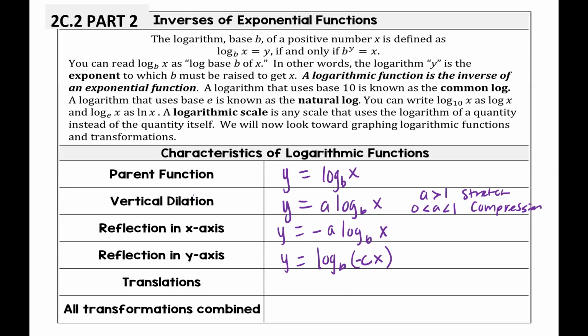Your translations stay the same. That's your h and your k, right? So we have y equals log base b of x minus h plus k. For a log function, your h is always going to be your vertical asymptote.